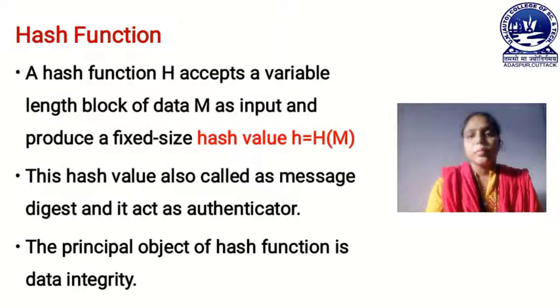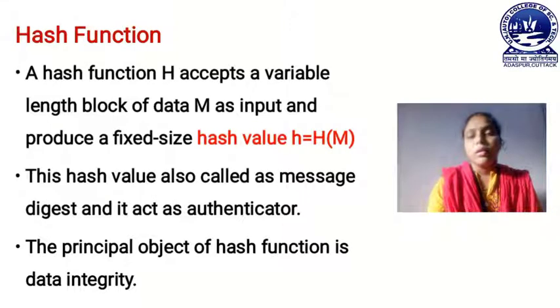Next, the principal objective of hash function is data integrity, which means the hash function always provides data integrity. Here data integrity means if there is any change to the message, then that change must be reflected in the hash value. That is the data integrity.